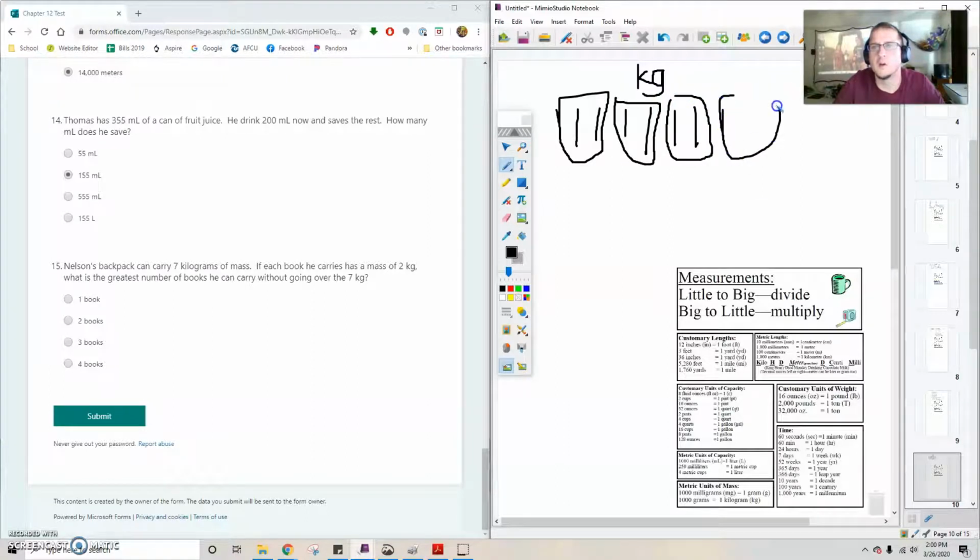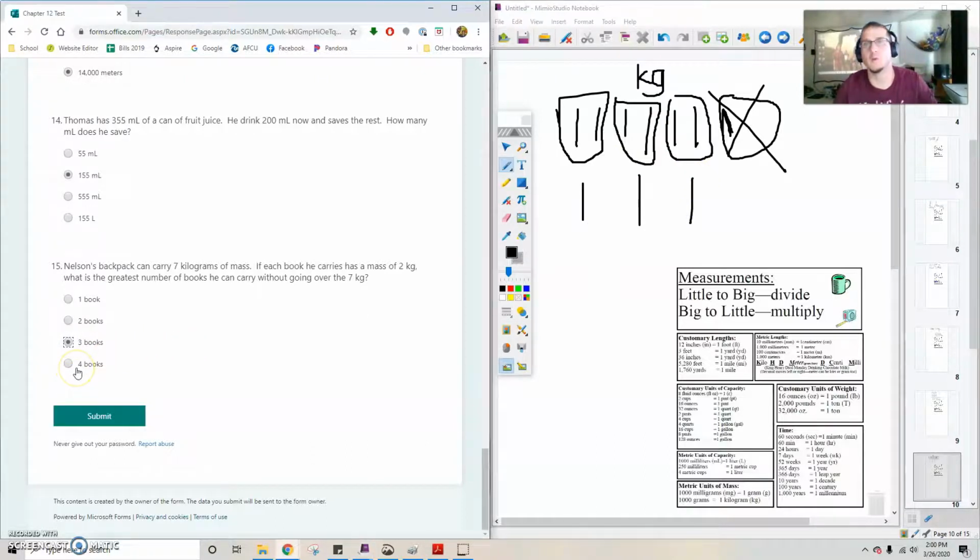Uh-oh. Do I have a whole book there? No, because I only had that one. So this is not a complete book. Cannot carry that one because that would be extra weight, more weight than the backpack can carry. So how many books can his backpack carry? 1, 2, 3. He can carry 3 books with the max mass of his backpack.